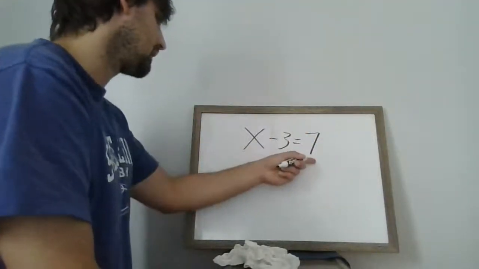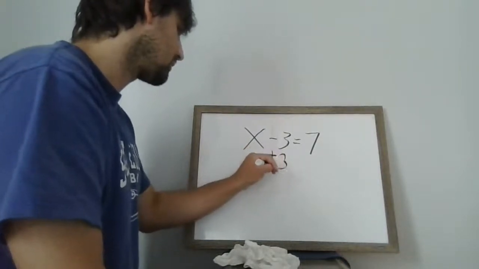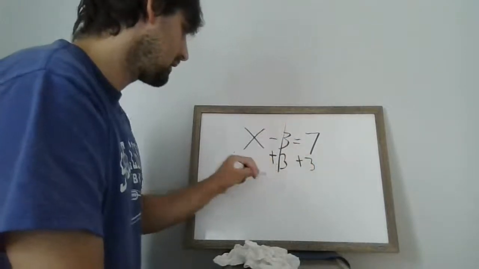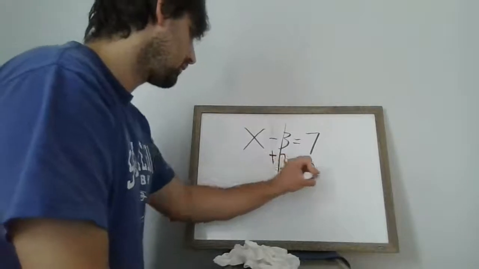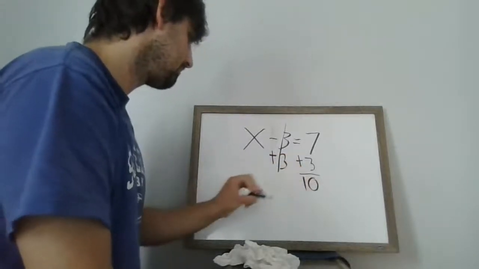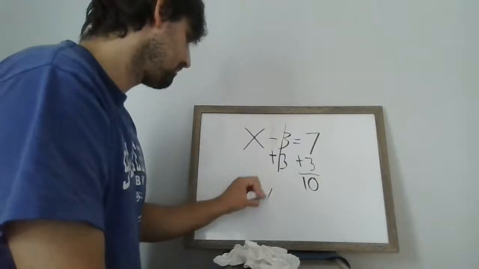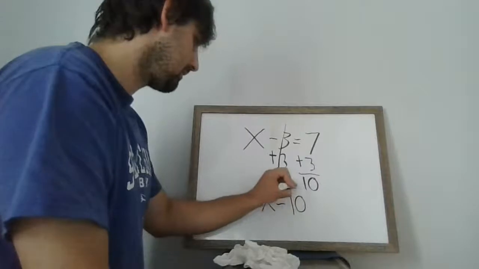So again, to get this on the other side of the equal sign, we have to add. So plus 3, plus 3. 7 plus 3 equals 10. X equals 10.